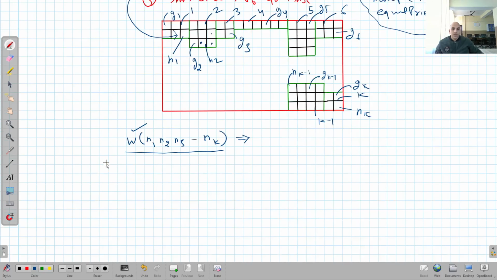Clear? Now the first compartment. Sorry, in first compartment we have how many cells? G1 cells. And how many particles? N1. Right. Now, suppose I want to arrange one particle out of these N1 particles in G1 cells. In how many ways can I do it? Obviously, G1 ways. Similarly, I want to arrange particle number 2 of these N1 particles in G1 cells. In how many ways can I do it?